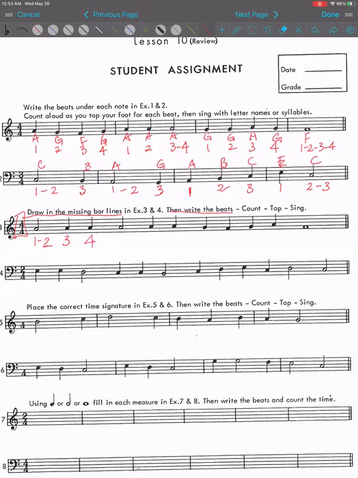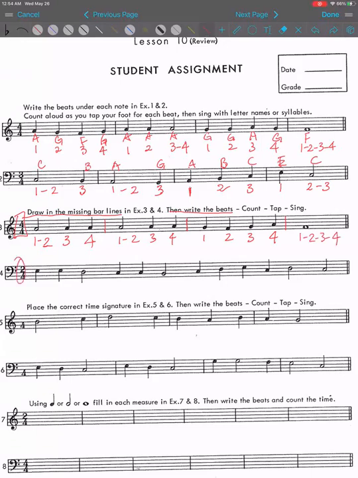Here you can put a bar line, and then 1, 2, 3, 4. Bar line, and then 1, 2, 3, 4. Another bar line, and the whole note, so it's 1-2-3-4.